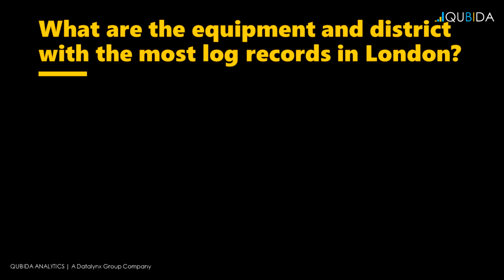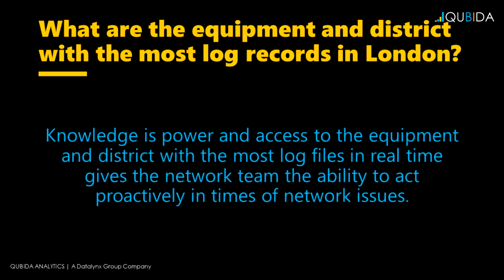And finally, as one of these sample questions, what are the equipment and district with the most log records in London? Well, knowledge is power in this case, and access to the equipments and districts with the most log files in real time gives the network team the ability to act proactively in times of network issues.